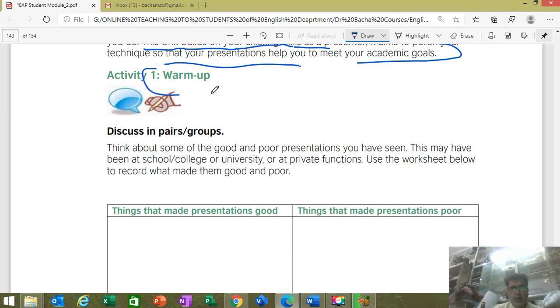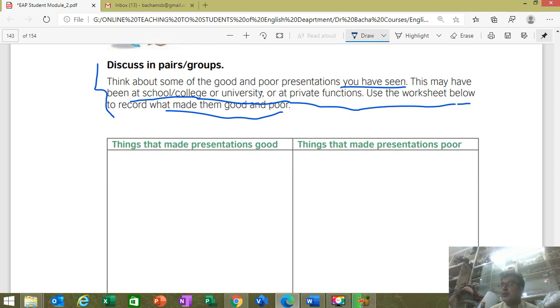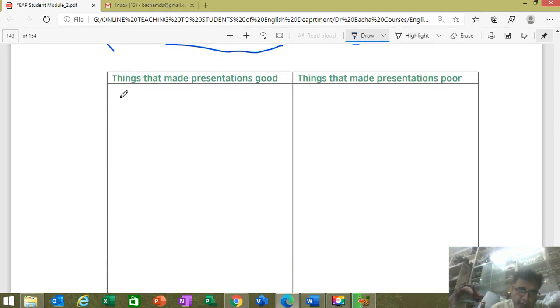So this is just a warm-up activity. You have to discuss in pairs and groups some of the good and poor presentations you have seen. This may have been at school, college, university, or at a private function. Use the worksheet below to record what made them good or poor. If you have experienced any such presentations, write your opinions here.